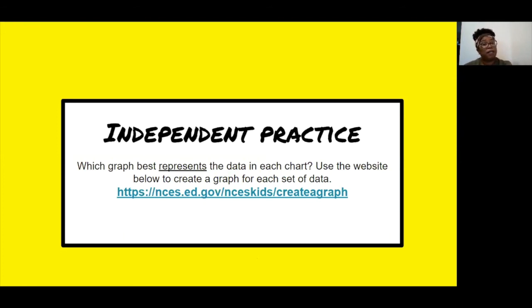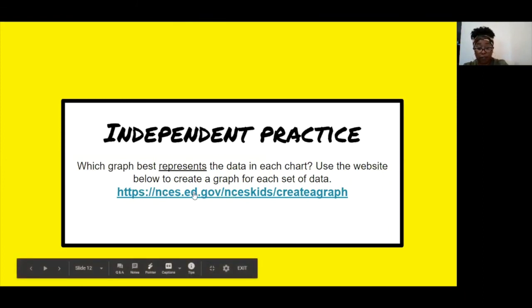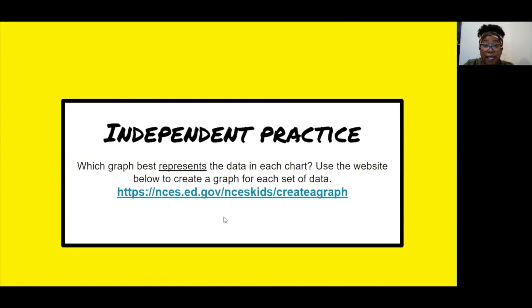So you're going to be given two charts with data that has already been collected and organized. Okay? And you're going to use the website below, here's the website, to create a graph for each set of data. All you need to do is type in this web address on your computer and then follow the directions once you get in to create your graphs.